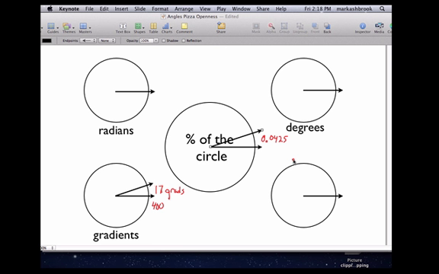Take that same percent of 360. What is 0.0425 of 360? 15.3 degrees?